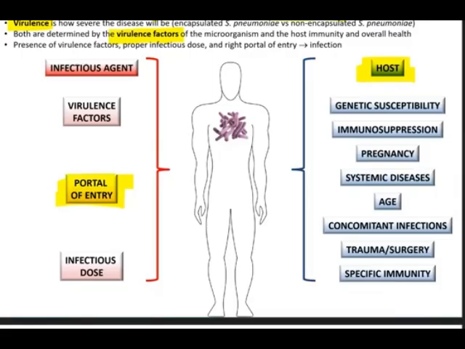So again, Staph aureus on the skin, okay, you've got impetigo, no big deal. If it manages to get in the blood, you're going to get endocarditis pretty quickly. So different portals of entry will determine how bad the disease will be. And then this.